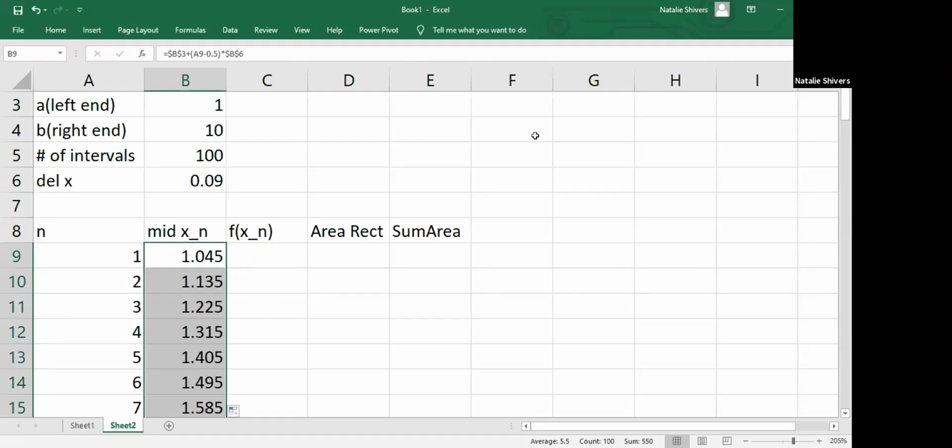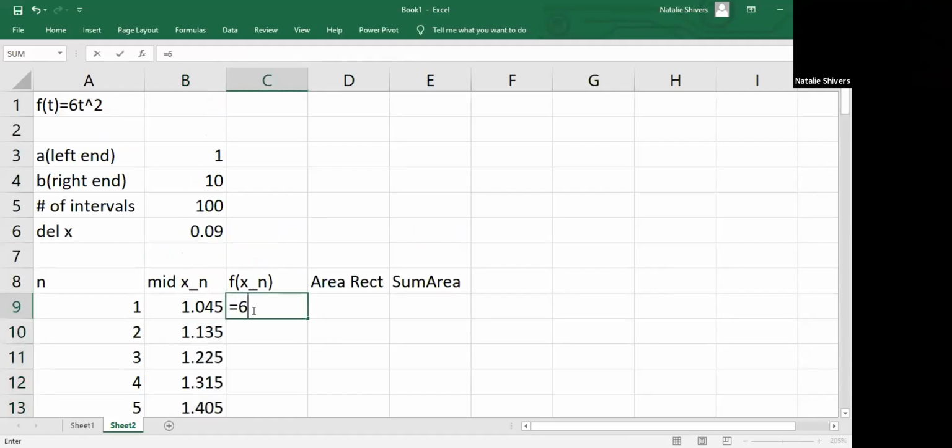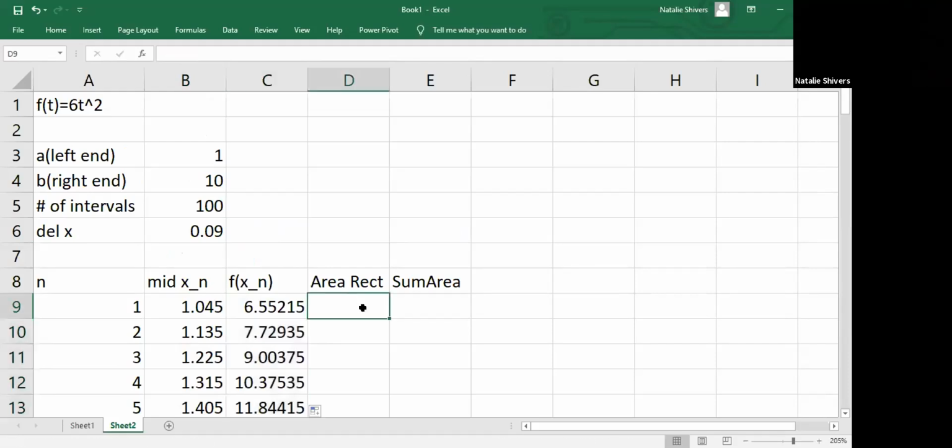My function here is 6 times, again, the column before, B9 squared. Quick fill that down. Our area of our rectangle is referring to the row or the column before times the width of that interval, which is delta x, $B$6.